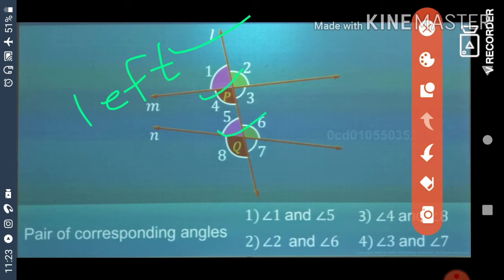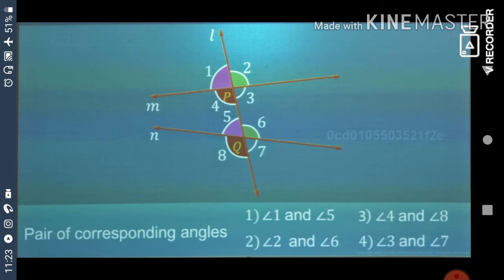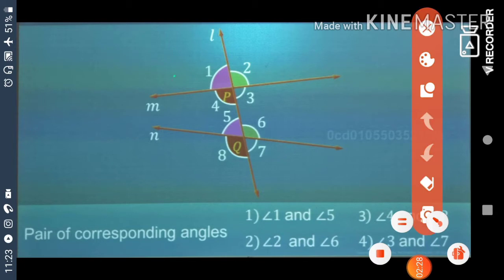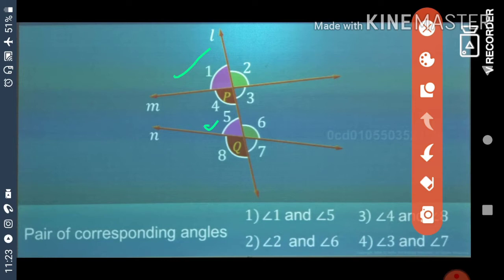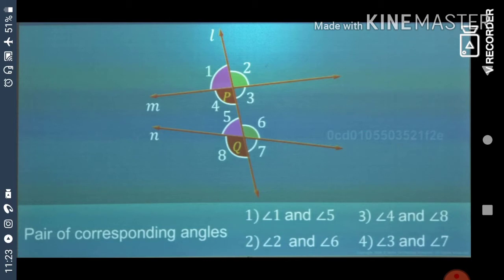If you look at 1 and 5, both angles are made on the left side of the transversal, and out of them, angle 1 is exterior and angle 5 is interior. So if angles are made by a transversal on the same side, and one is exterior and the other is interior, then those angles are called corresponding angles.